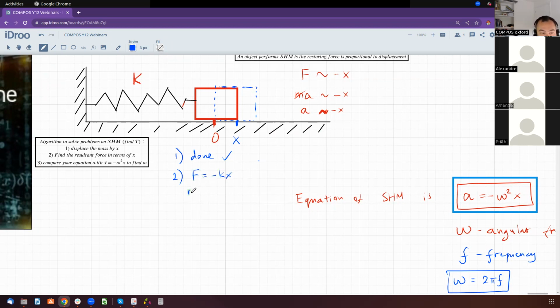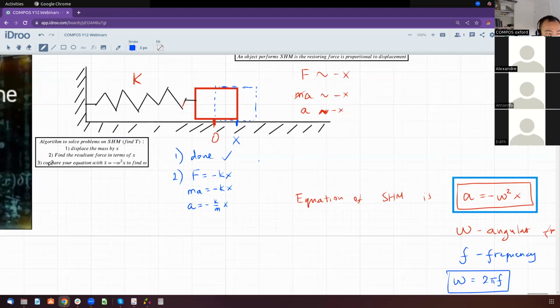So mass times acceleration is equal to minus kx, because Newton's second law, force is mass times acceleration. That's the only force on the mass. Divide by m, so we get acceleration is equal to minus k over m x. Right.